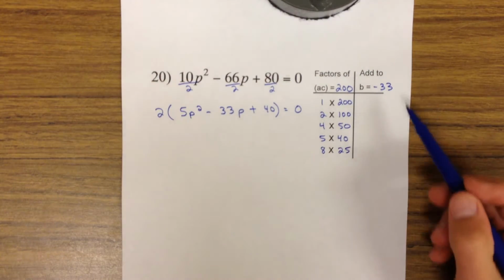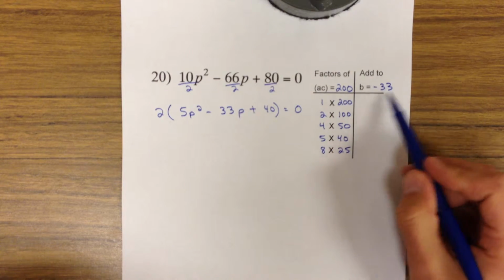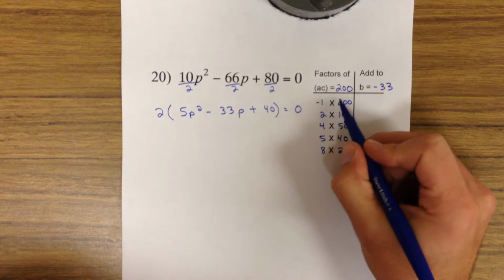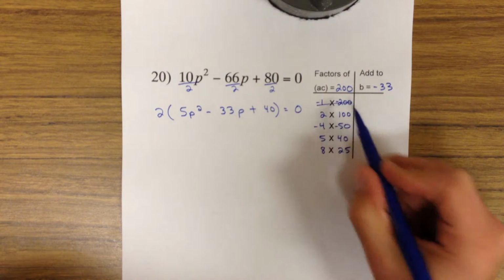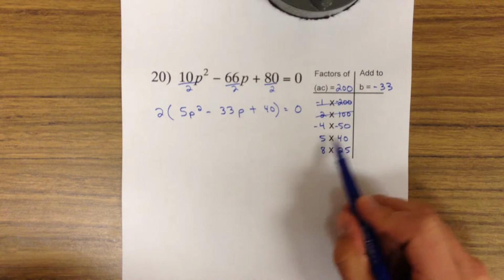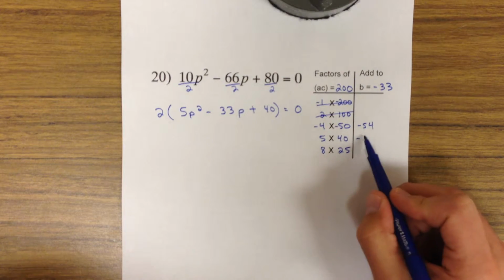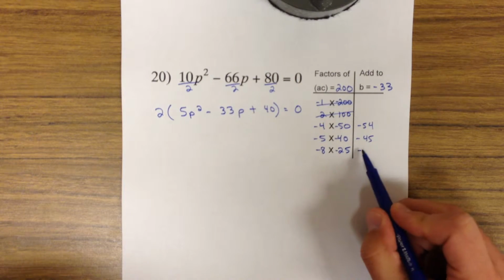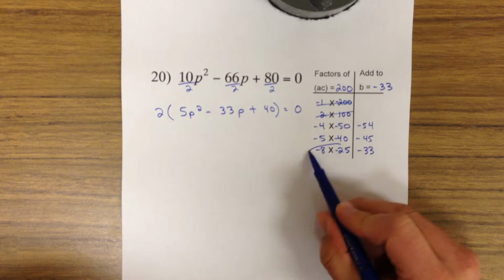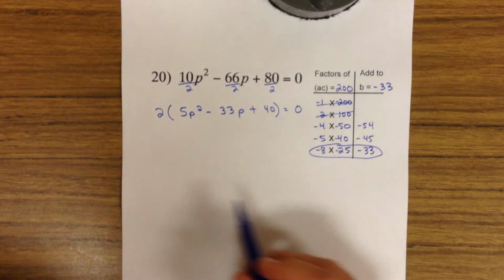And I know that I need a positive when I multiply, and I need a negative when I add. So if you think about it, both of these have to be negative. So the first one, we know it doesn't work. Second one, this one will get negative 54, so I'm getting closer. This is negative 45 because both of these would be negative. But when you look at this one, you'll get negative 33. So there's the factors that we need.